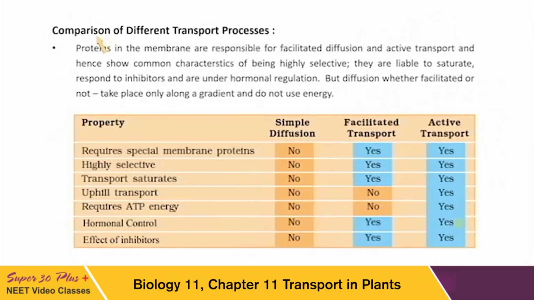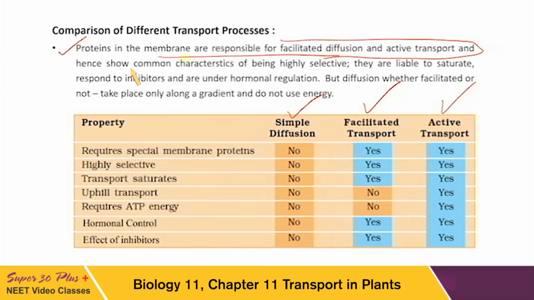Okay. Now we have to compare the different transport processes. You see now what comparison we have. These are the properties we have: simple diffusion, facilitated diffusion, and active transport. Proteins in the membrane are responsible for facilitated diffusion and active transport. Hence they show some common characteristics.